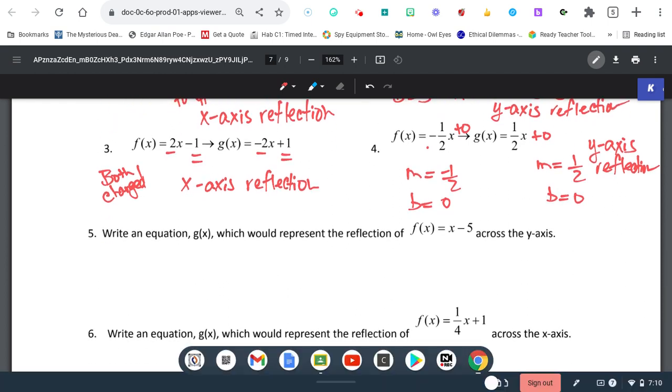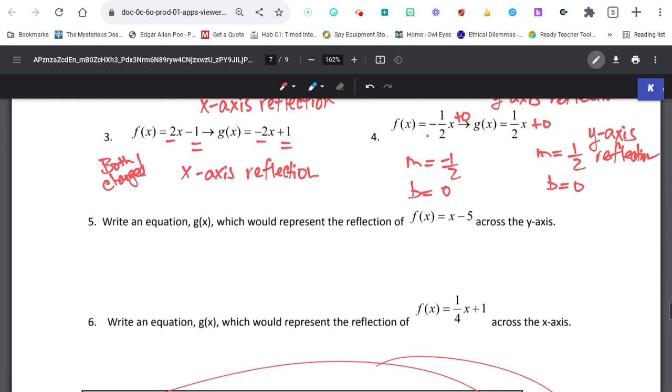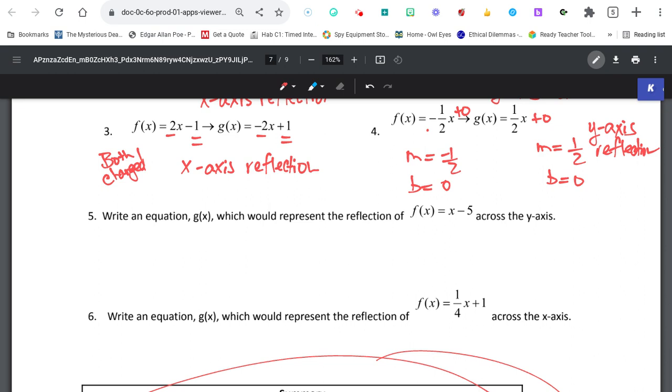All right, take a look at 5. It says write an equation, which we're going to call g of x, which will represent the reflection of f of x equals x minus 5 across the y-axis, okay? We want to reflect it across the y-axis. So I only want the slope to change because it's y-axis reflection.